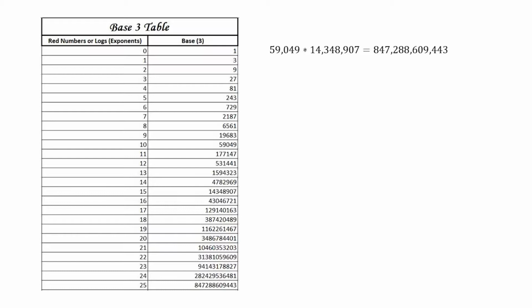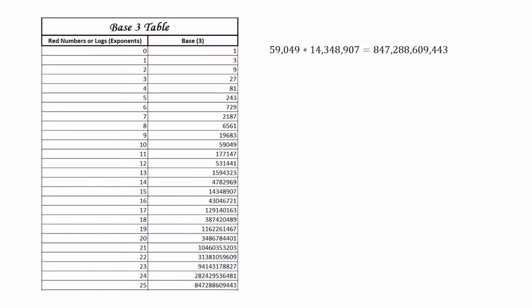I want to do a quick example here. Say we have numbers of base 3 to the exponent of 1, 3 to the exponent of 2. This is an easy example, and I'll go into a more difficult one later. Say I want to multiply 59,049 times 14,340,907. I chose those numbers in the base 3 table.